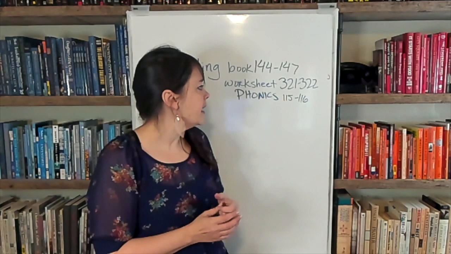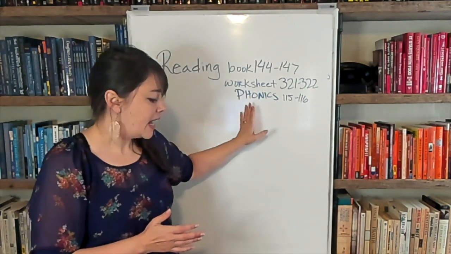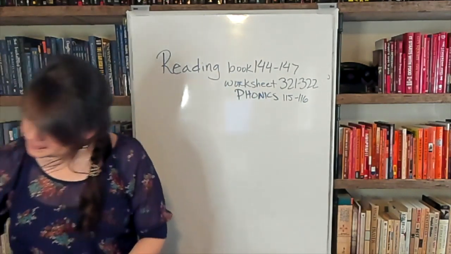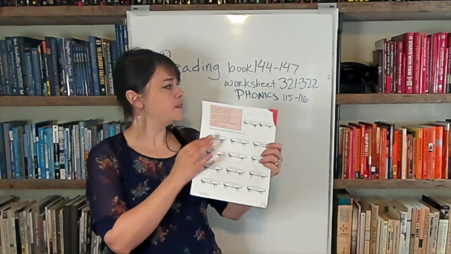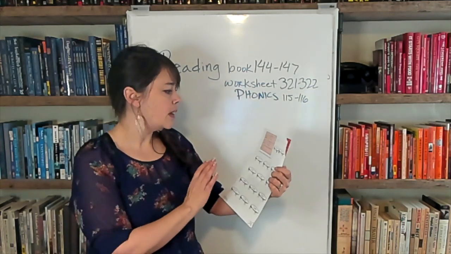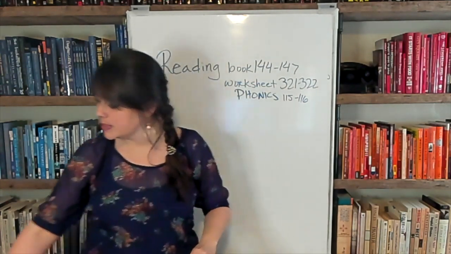And then on the back is more of a phonics exercise. And I also want you to do a phonics page today. This is a fun one. I think you'll like it. It's page 115 and page 116. This is a review of how the letter C can make more than one sound.